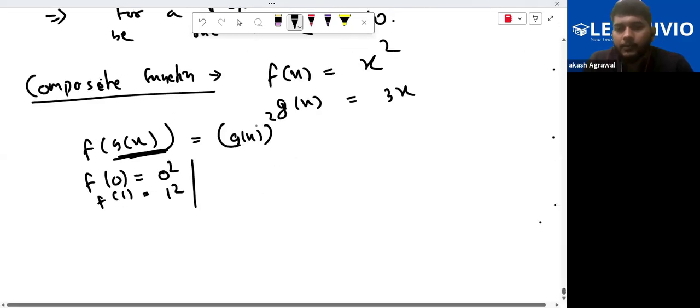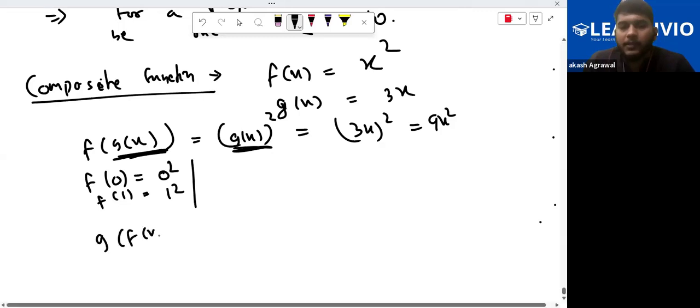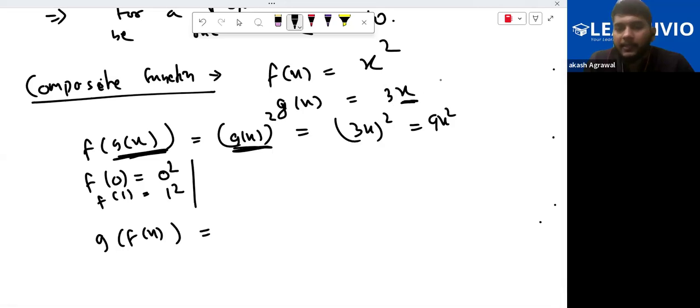Yes, sir. So it becomes 3x whole square, g of x is 3x, so 9x square. And if we have to find g of f of x, we do the reverse order. In the place of x in g of x, we replace f of x, so it becomes 3 times f of x, so 3 times x square. This is known as composite function.